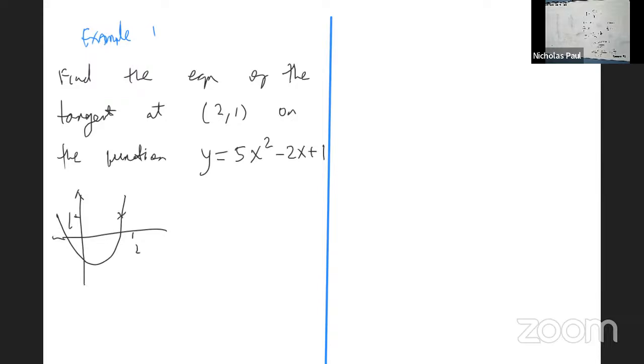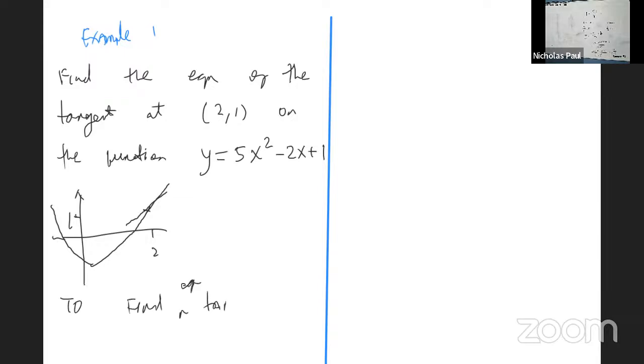At this point here, they want the tangent at that point. So to find the tangent, what do we need?